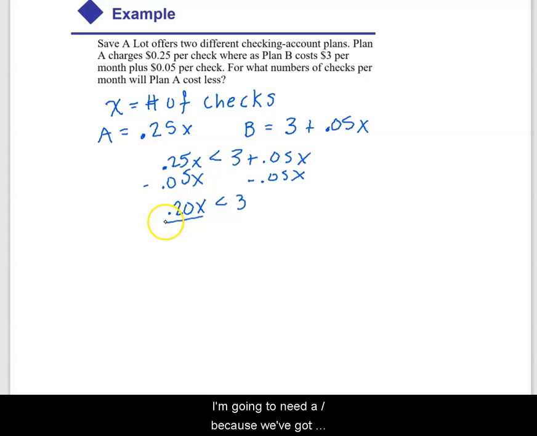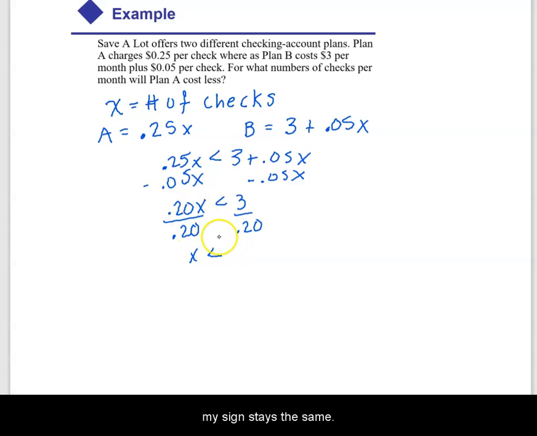I'm going to need to divide, because we've got multiplication, so the opposite of multiplication is division. And so x is less than, I didn't divide by a negative 0.20, I divided by a positive 0.20, so my sign stays the same. And that's going to be 15.